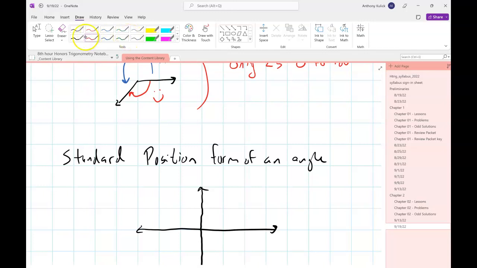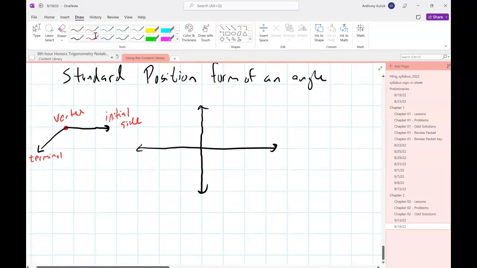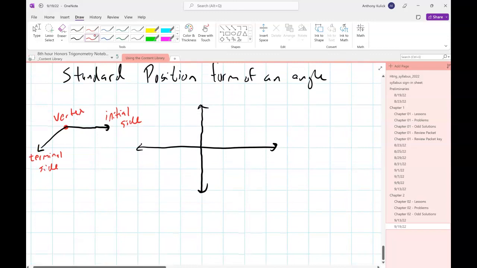Let's just take this angle that we had from before. We have the vertex of our angle. I'm going to call one side of the angle the initial side, and the other we'll call the terminal side. And I'm going to translate this angle onto the XY axis so that the vertex is at the origin.